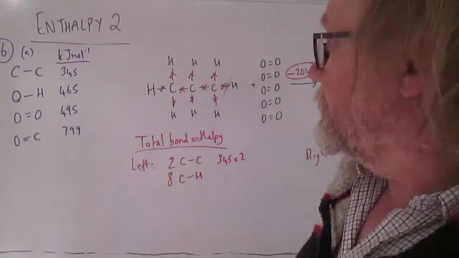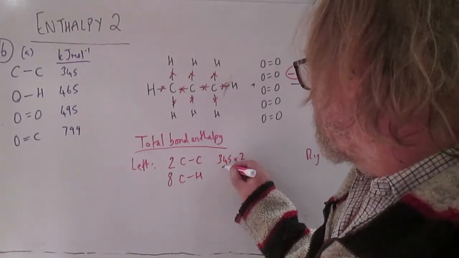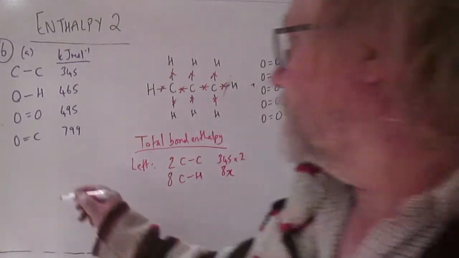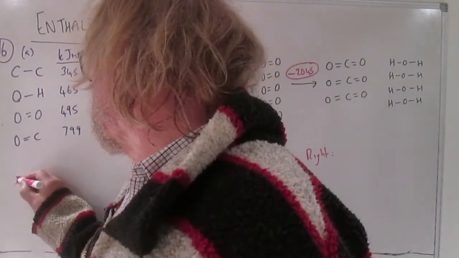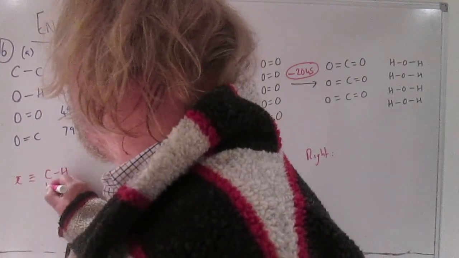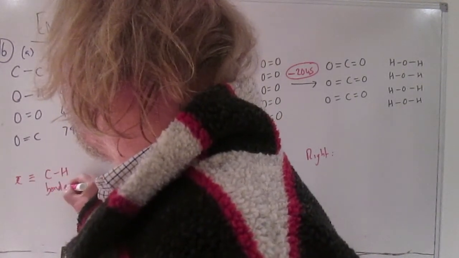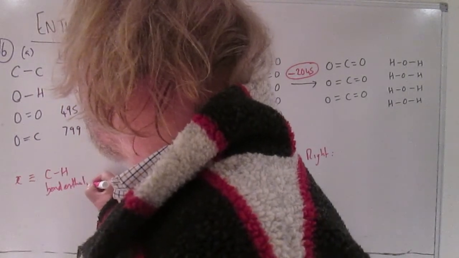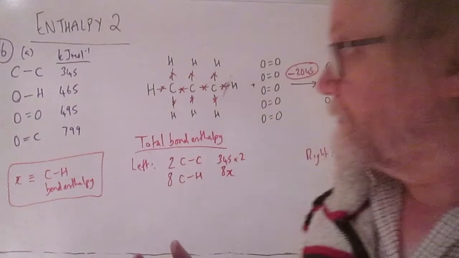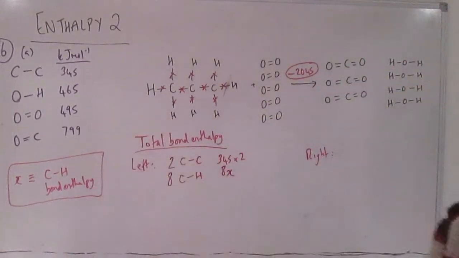And that's the one we don't know, so let's call that 8X. Okay, 8 lots of X, and X is equal to the CH bond enthalpy. Okay, so that's the definition of X that we're going to be using, and as we've said before, when we're doing similar things with Hess's law calculations, it's a good idea to write down that that's your definition of X.